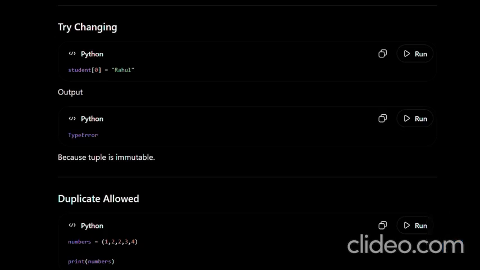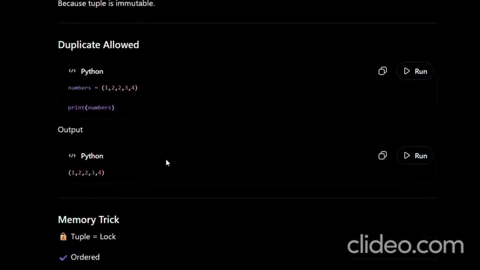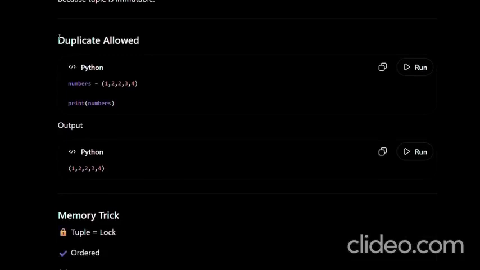So let's see the duplicate values. Is it allowed or not? In a tuple, the duplicate values are allowed. There is no issue about duplicate values. Like we have a tuple named number, in which we have elements 1, 2, 2, 3, 4.